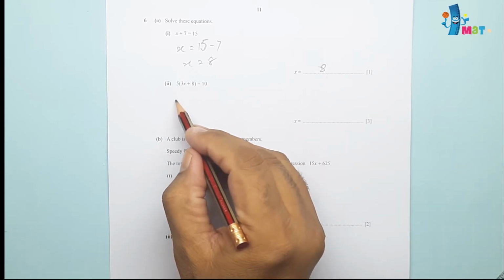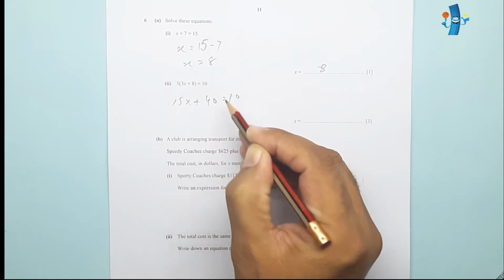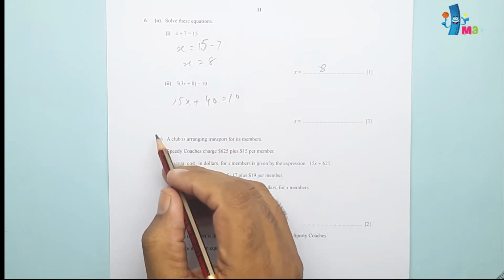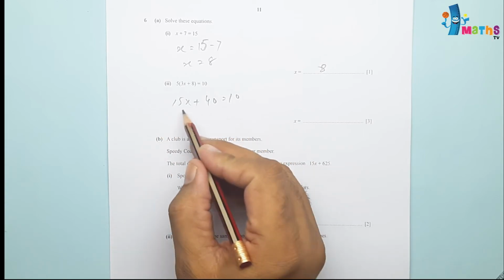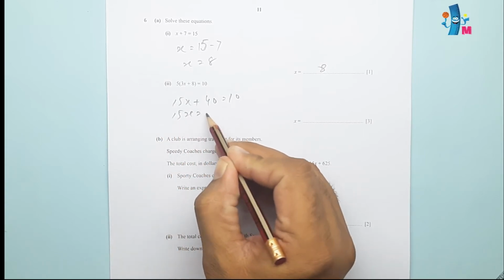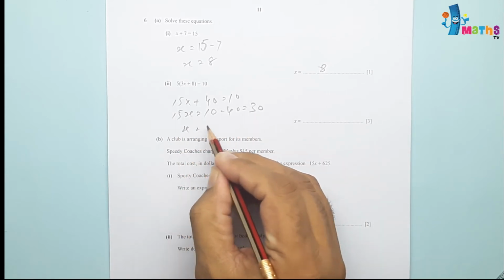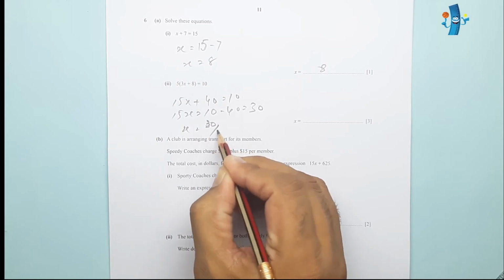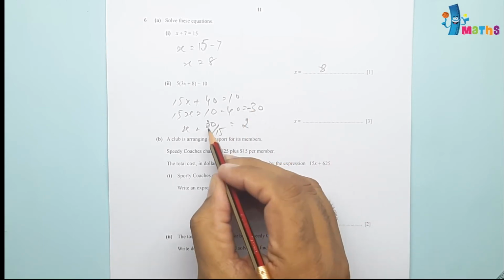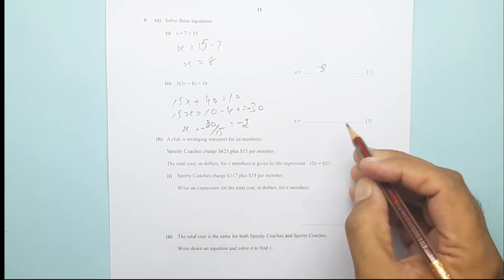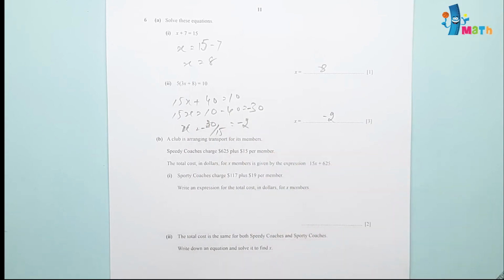Similarly, we can open the second part. 15x plus 40 is equal to 10, and 15x is equal to 10 minus 40, which is equal to minus 30, and x is equal to minus 30 divided by 15, which is equal to minus 2, so x is equal to minus 2. This will be our answer.